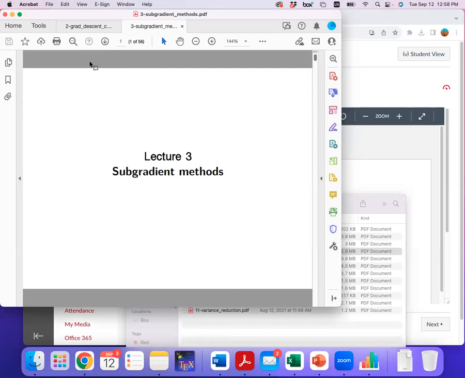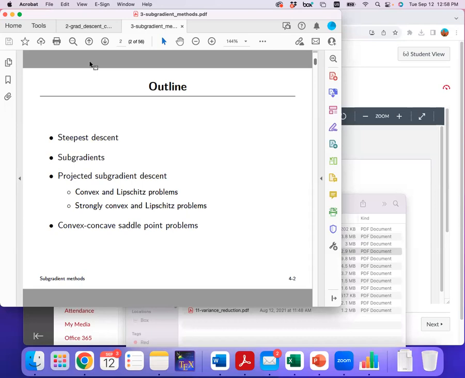Next we'll get into lecture 3 and talk about subgradient methods. Okay. And it sounds like this is the relaxation of the gradient method, okay? Because it relies on subgradient, not gradient. So we will first look at the motivation.